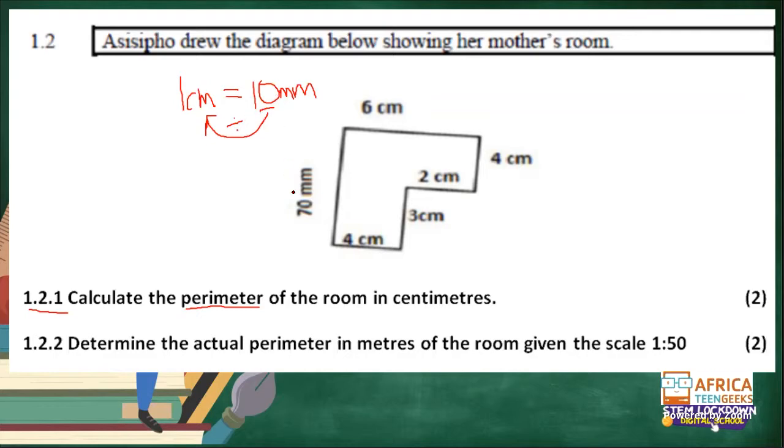Once you have centimeters, you can now add all of these lengths around this shape. Because perimeter is a length, your answer has to be in centimeters. It can't be square units, can't be cubic units.